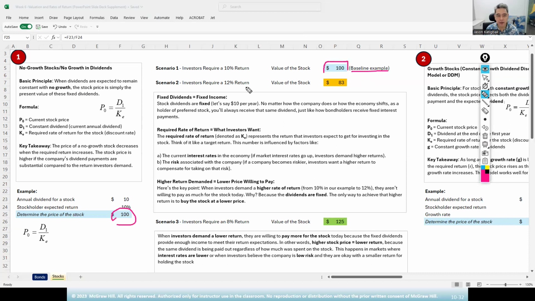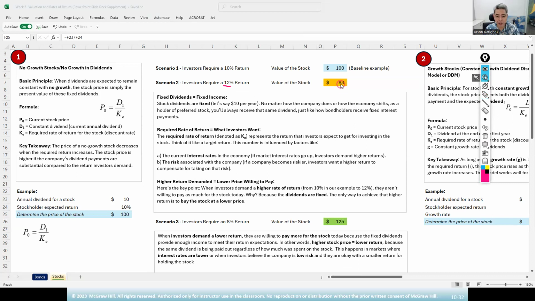I just copied it because I want to make sure that we can highlight it and compare against scenario 2 and then scenario 3. So investors require 10%. It's actually $10 divided by 10% equals 100. Good. Now, what if, similar to what we have on the PowerPoint, but I've now put it in Excel, the investor requires a higher rate of 12%.